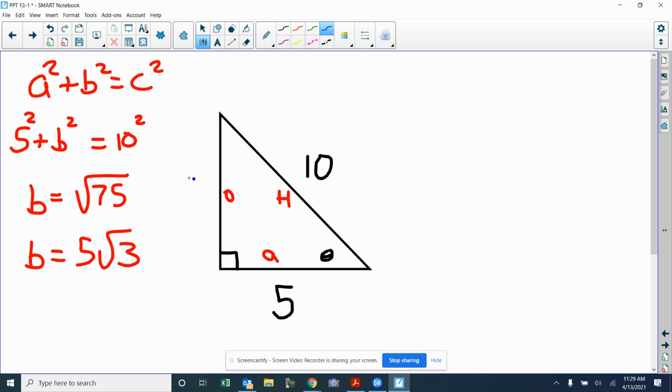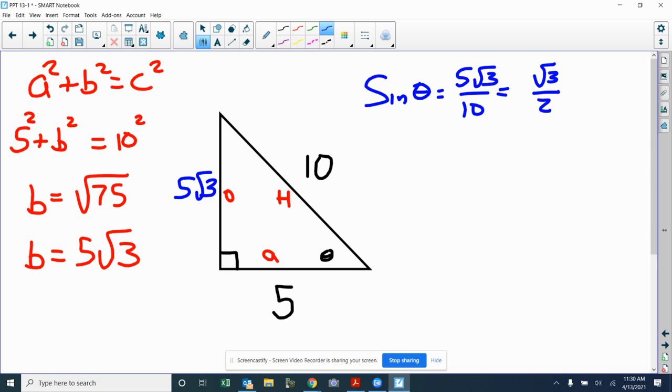Okay, so we got 5, this is 5 square roots of 3, so write out your sine. Your sine is what? Opposite, which is 5 square roots of 3 over 10. We can simplify that a little bit because 5 over 10 is really 1/2, isn't it? So it really ends up being the square root of 3 over 2.